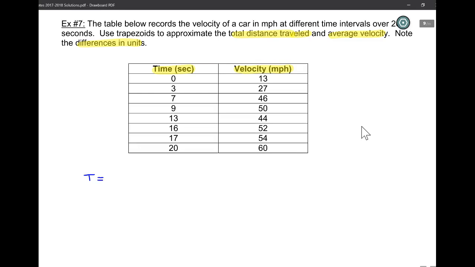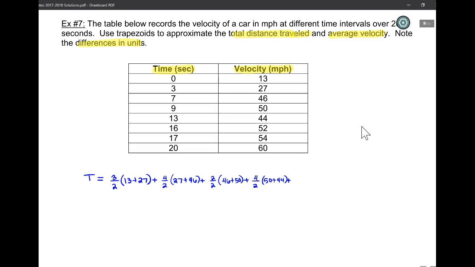So we look at our time interval and we see, again, we have the situation where it's not evenly distributed. So we're going to have to set up different trapezoids. So the first one is 0 to 3, so the height is 3 over 2, 13 plus 27, plus, next one goes 3 to 7, so that's 4 over 2, 27 plus 46, plus the next time interval goes from 7 to 9, so that's 2 over 2, 46 plus 50, plus, then we go 9 to 13, so that's a 4 over 2, 50 plus 44.